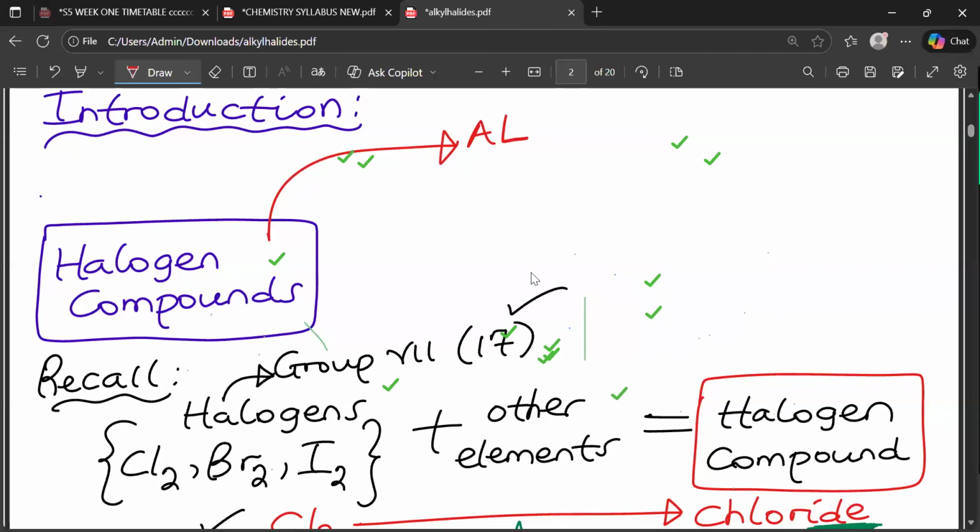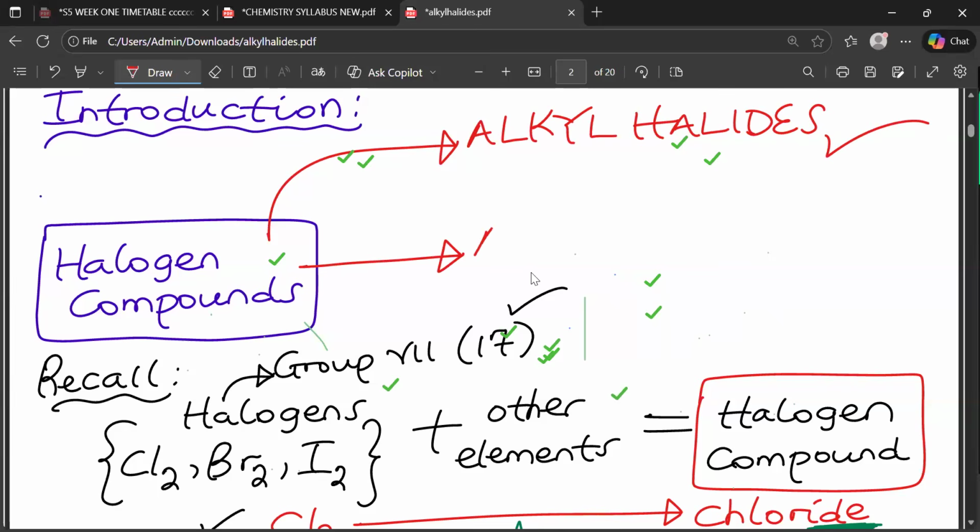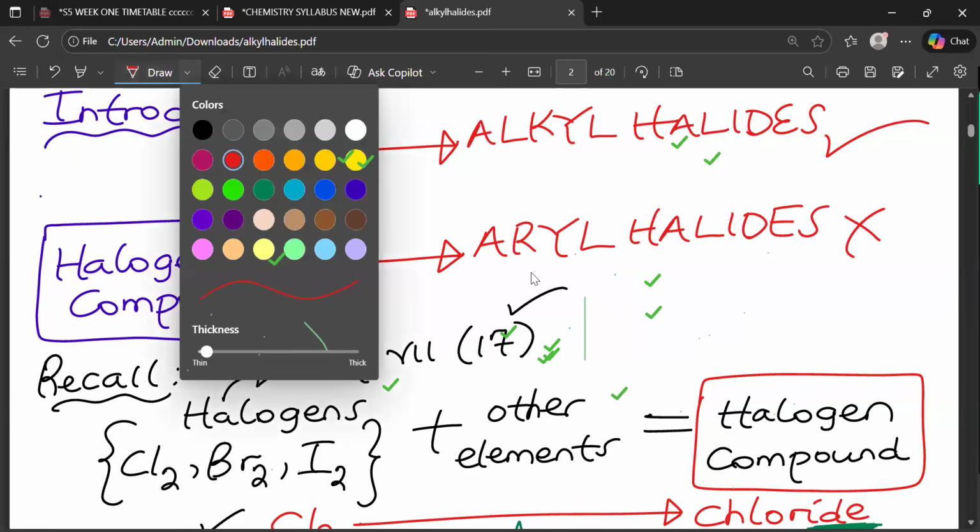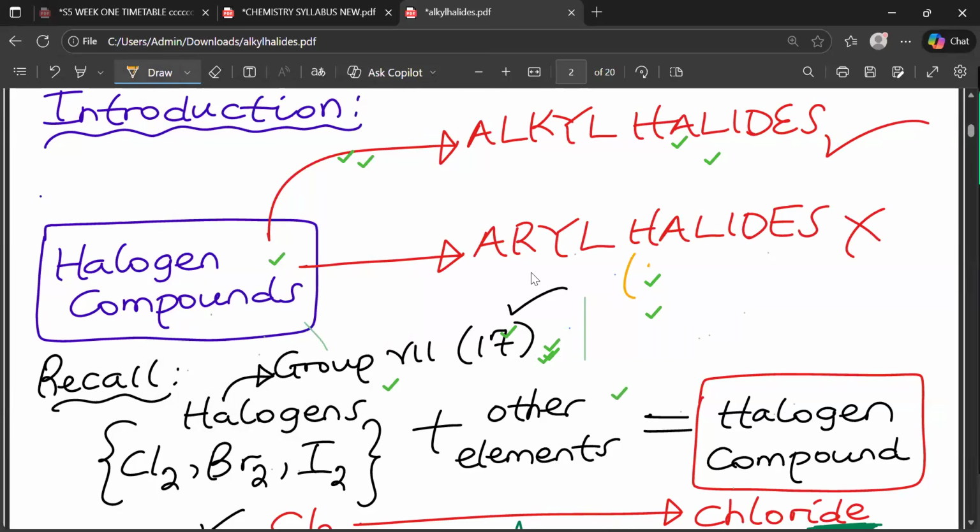We have alkyl halides, which is where I had to start from, which you are supposed to cover. Then the other ones are the aryl halides, which we are not supposed to cover. Why? Maybe they wanted us to reserve it for benzene.